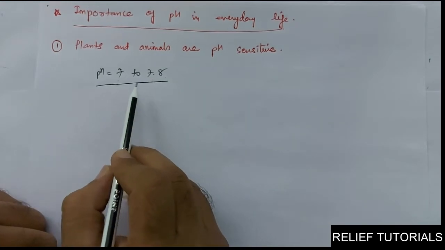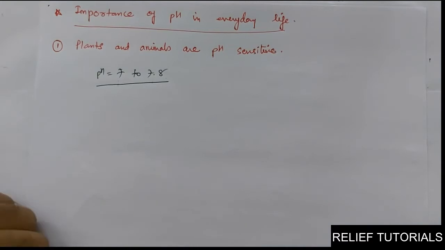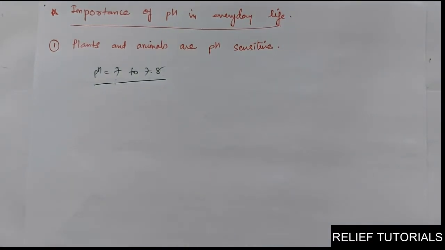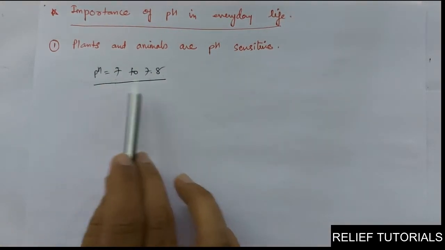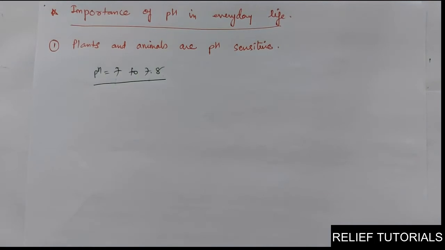So we remain healthy, animals particularly remain healthy, if our body solutions have a pH of nearly 7 to 7.8. Even plants remain comfortable and grow easily and healthily near about this range of pH.